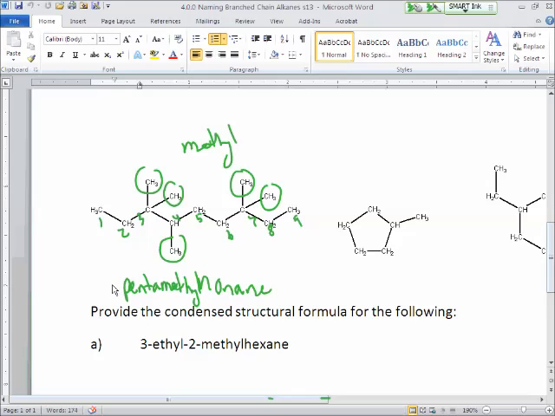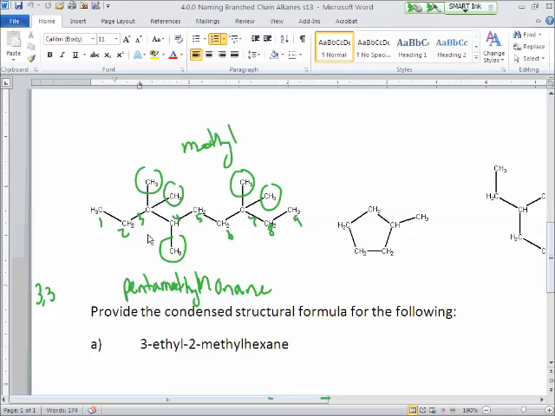And now each branch gets its own number. So I need 5 numbers. And so it looks like this. I have 2 at 3. So it becomes a 3, 3. You separate numbers by commas, and you separate words by dashes.